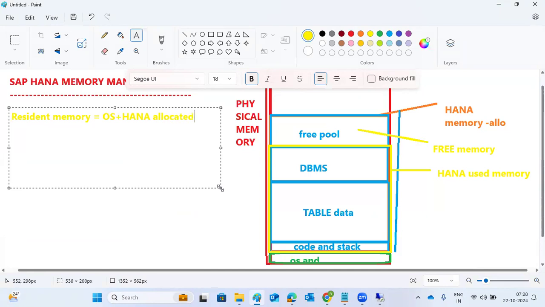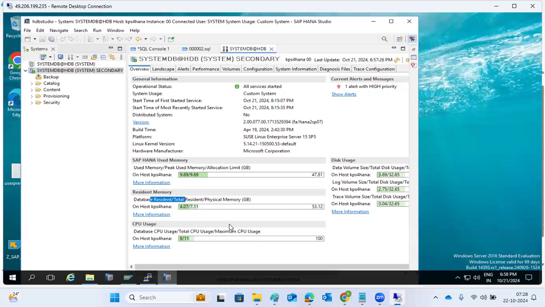That is called resident memory. Resident memory comes under the OS level memory; it includes the operating system level memory. Including operating system level memory, we call it resident memory.